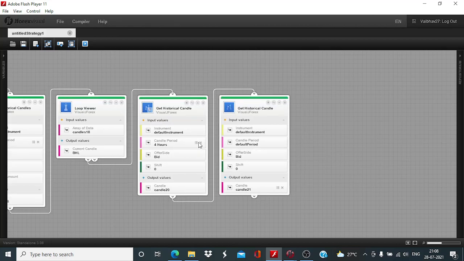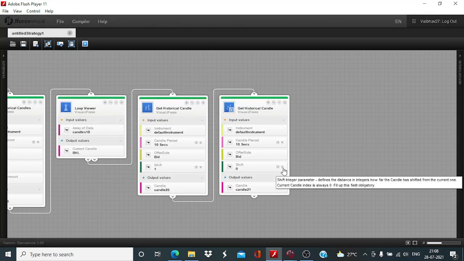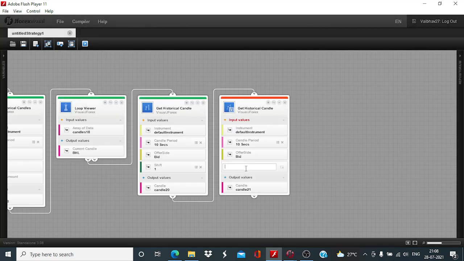Oh, sorry, I kind of absent-mindedly added in 4 hours. It should be 10 seconds, and shift value is going to be 1 and 2 respectively. 1, and this one will be 2.